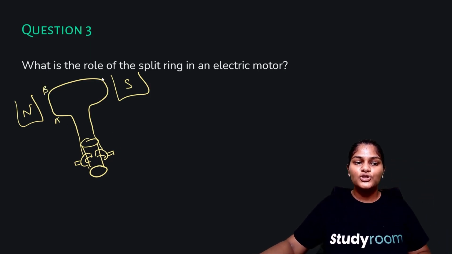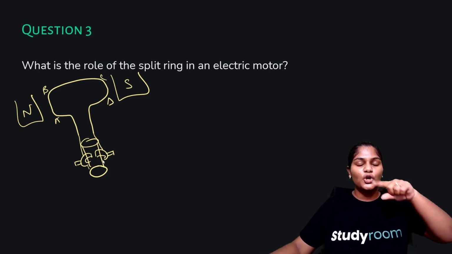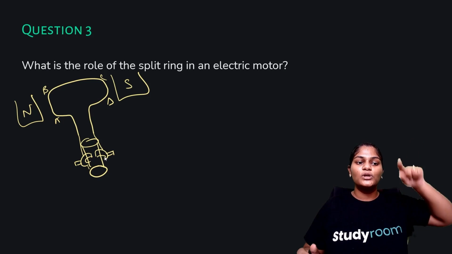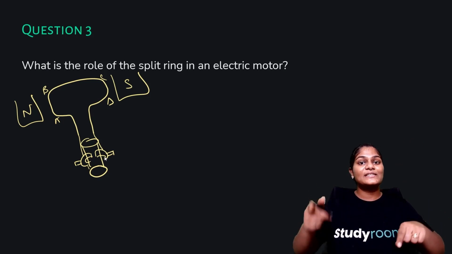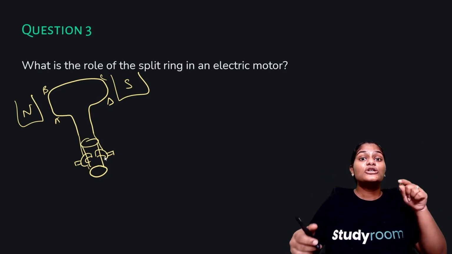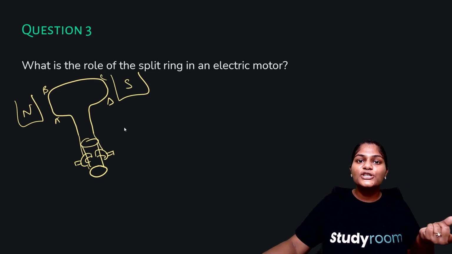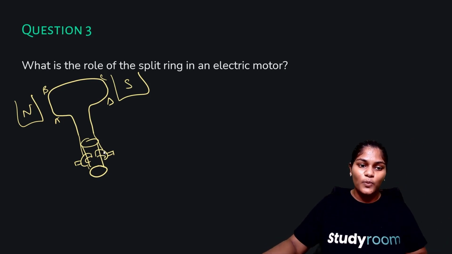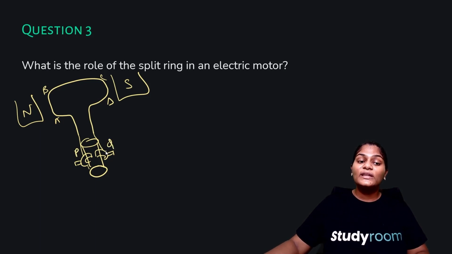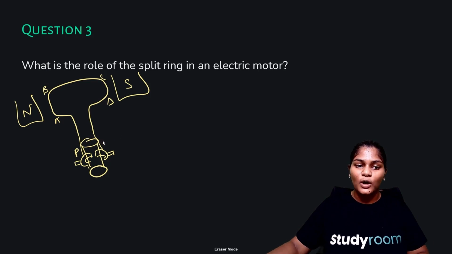So you saw that when the current flows through the coil and applying Fleming's left hand rule, AB experiences a downward force and CD experiences an upward force. So when is the direction of the current in the coil reversed? We had this P and this Q. When this Q comes in place of P and this P goes in place of Q, then what happens?